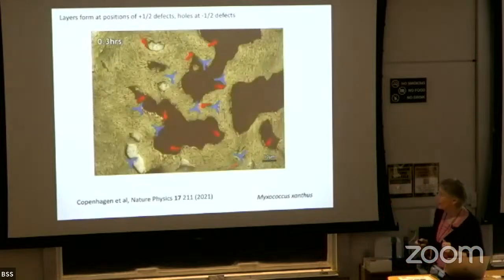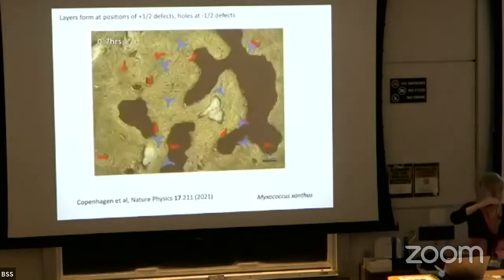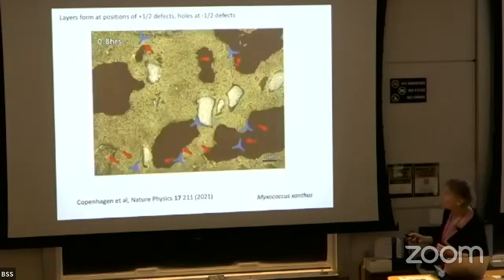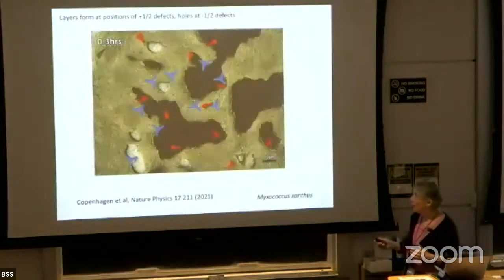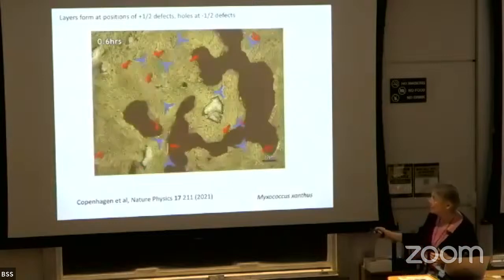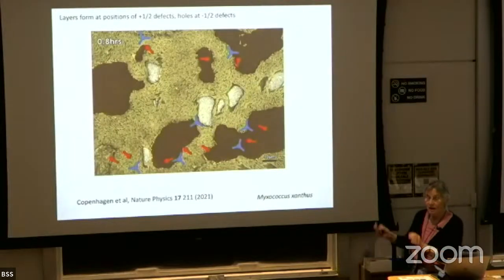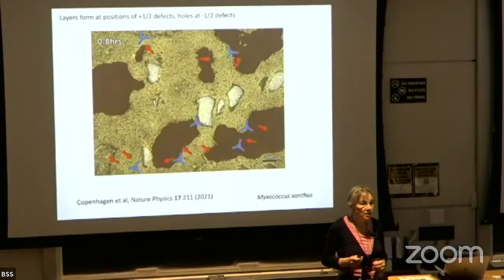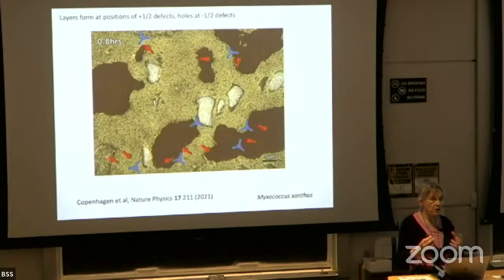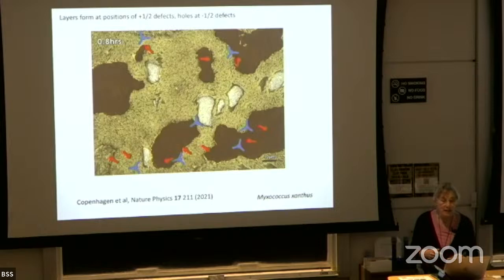And the way it does it is that each successive layer forms at a position of a +1/2 topological defect, and then the layers go away and you get holes, these holes where there are no bacteria at the positions of the -1/2 topological defects. The reason is that defects correspond to stress in places where there are large flows, so it's easier for the bacteria to escape at those points and to move up to the next layer or to create a hole in the original layer.